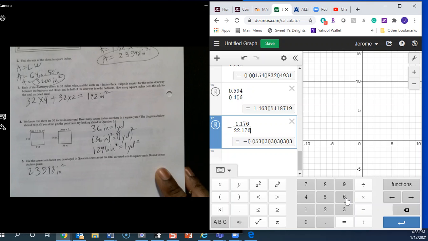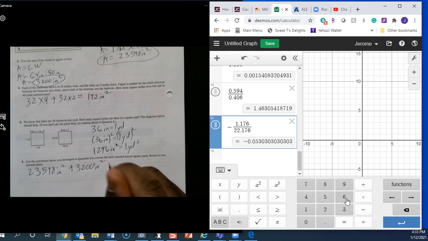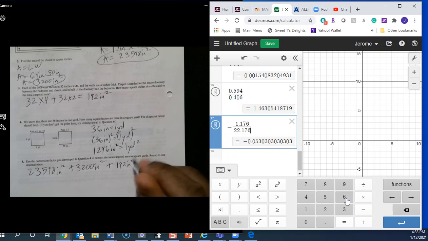That's the value from the area of the bedroom, plus the 3,200 square inches for the closet, and then plus the added on value, the 192 square inches. When you add all of these up, it'll give you 26,990 square inches.